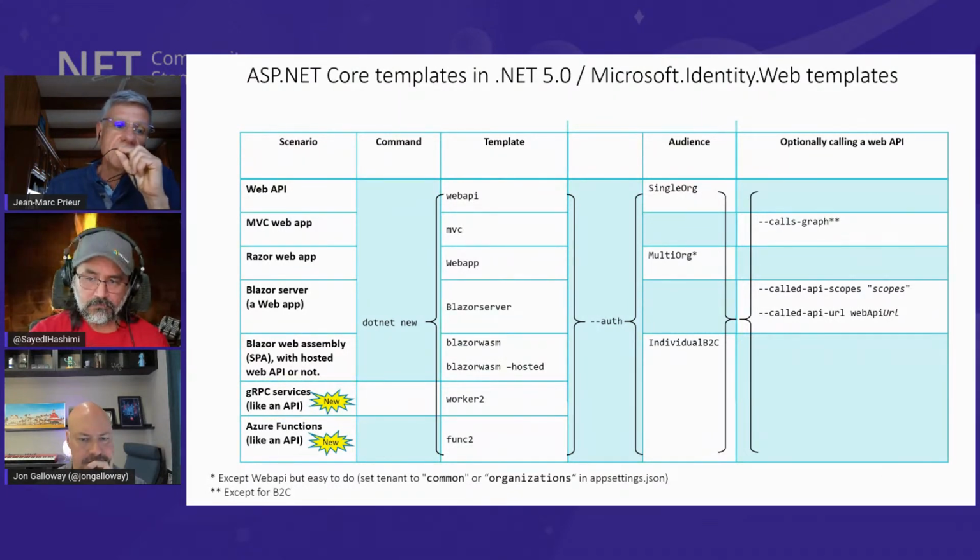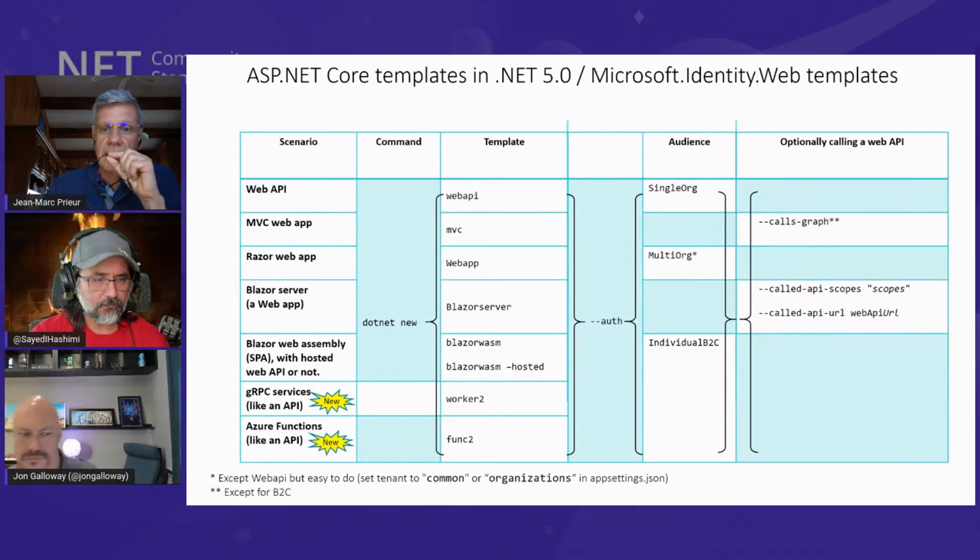The difference is the ASP.NET Core team has not brought back these templates, so they are provided by Identity as the Microsoft Identity Web templates. But if you just say .NET New, .NET Core is super clever, so it will tell you install this. That's the command that you can get to install that. And the Worker 2 and Function 2 are only available as part of the Microsoft Identity Web templates.